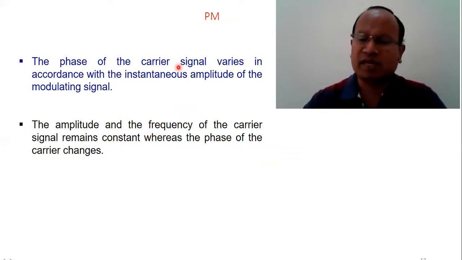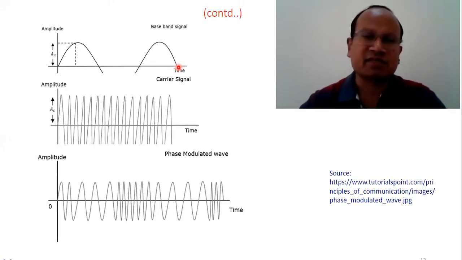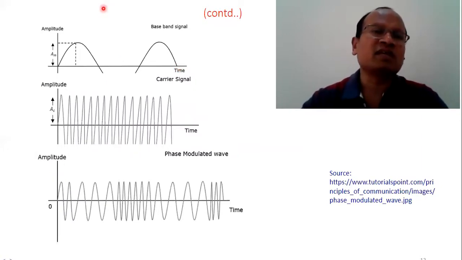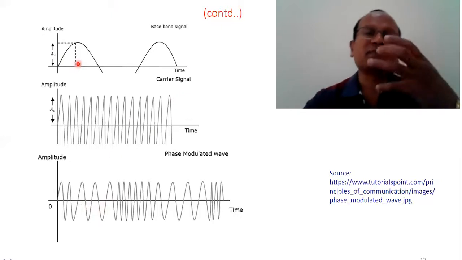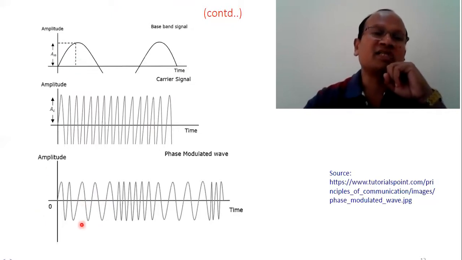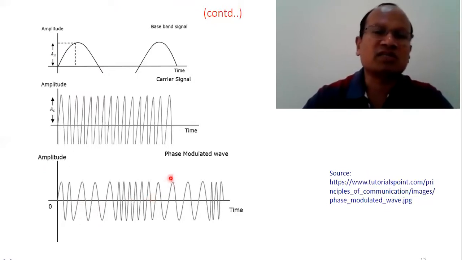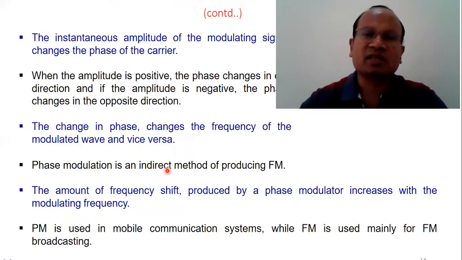You see here, we have already seen in the previous slide that there are maximum possible changes here. We have seen that when there is a change in frequency, phase will change or vice versa. There is a change in phase also, phase delay will also be there. So this is the output of the PM signal, that is the phase modulated signal.